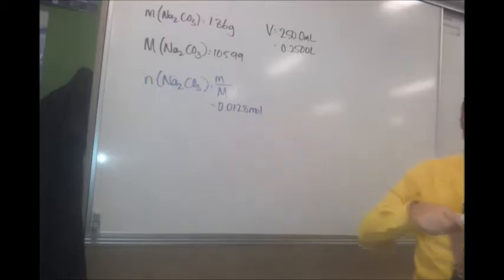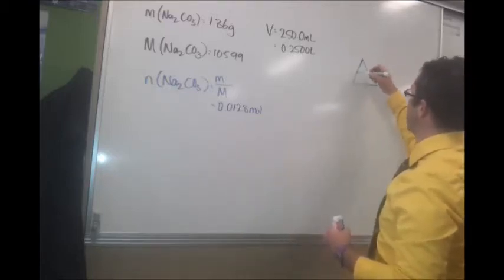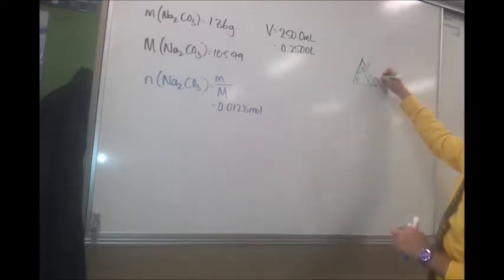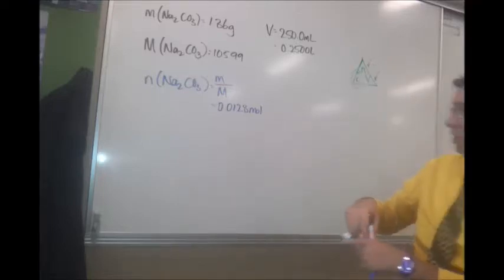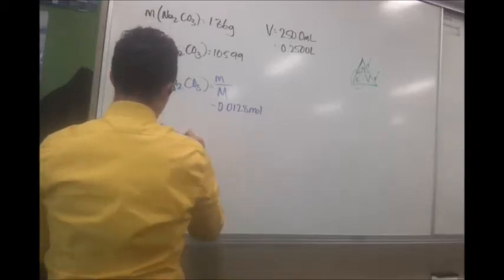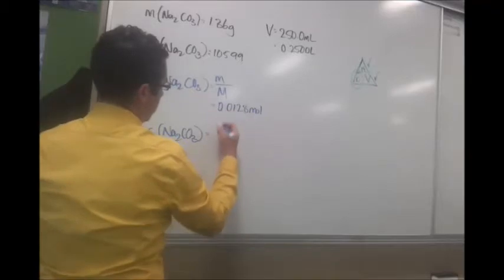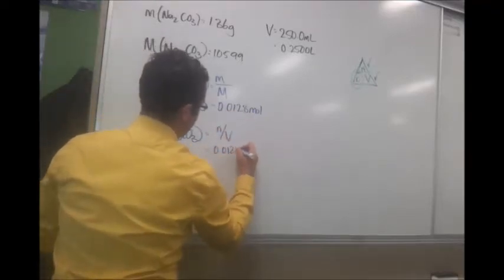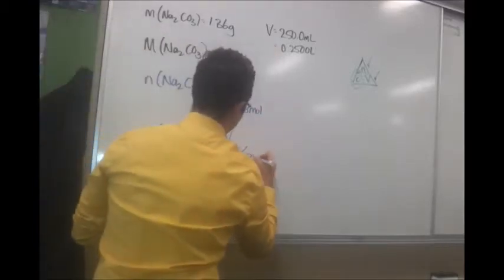Now I know that, I can substitute that into my NCV triangle. I now know this and I now know this, so I can find concentration. So I'm going to go concentration of sodium carbonate equals n over V, 0.0128 over 0.2500.